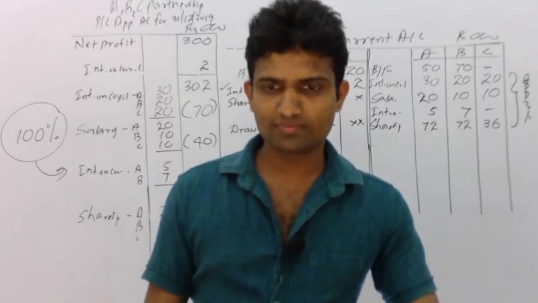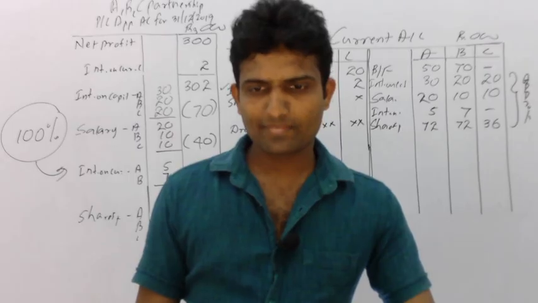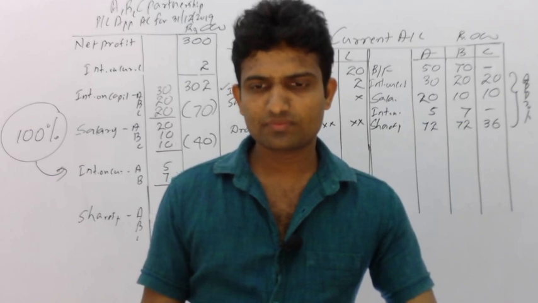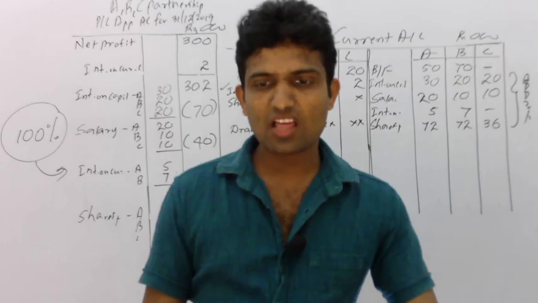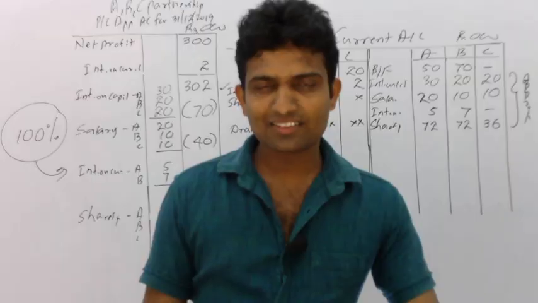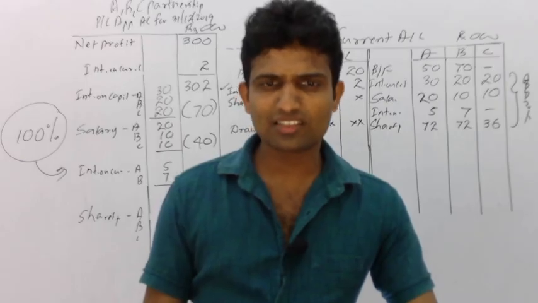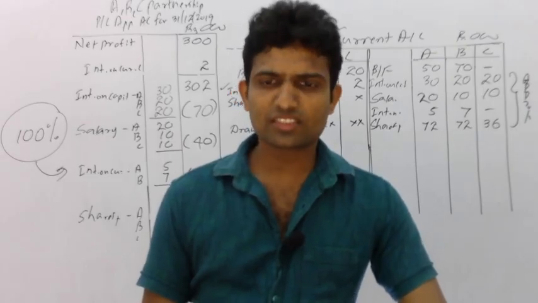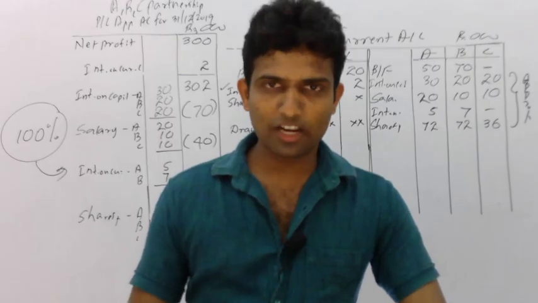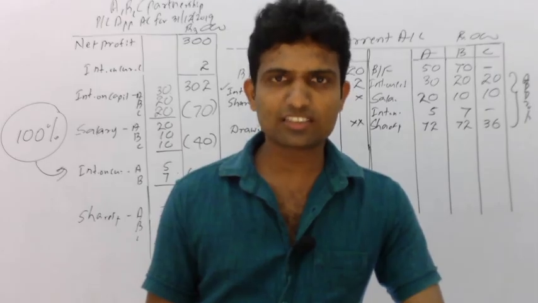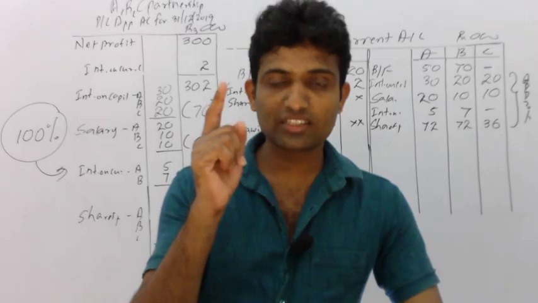Why? In which part of the accounts are we going to show that? That is the profit and loss account, not the administration. Why? The marketing manager's salary should not be shown as income, right? That is an expense that we pay. Salary paid to the partners is different from salary paid to the marketing manager. The marketing manager's salary is a marketing expense, that is a distribution expense. That should be recorded in the distribution expenses.